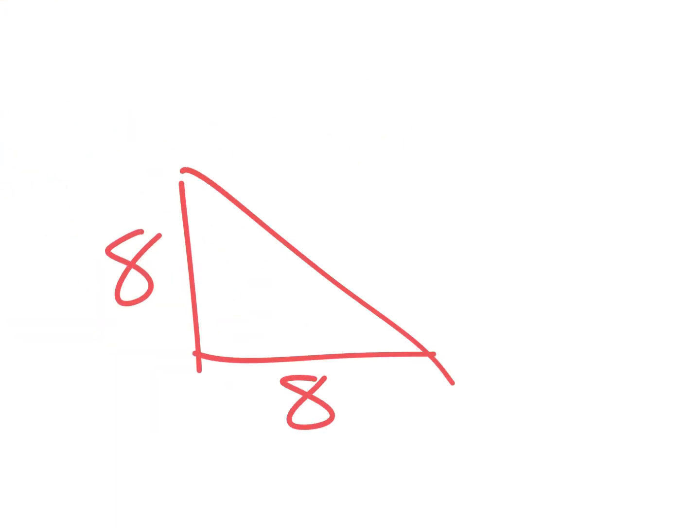So even if it's like 8, 8, and some weird thing over there, yeah, that's a 45, 45, 90. I know it is. Why? Because this angle and this angle have to be the same because they have the same side across from them. They must be 45, 45s.